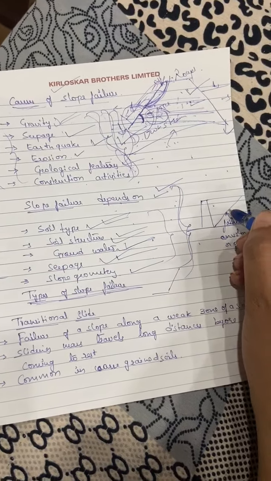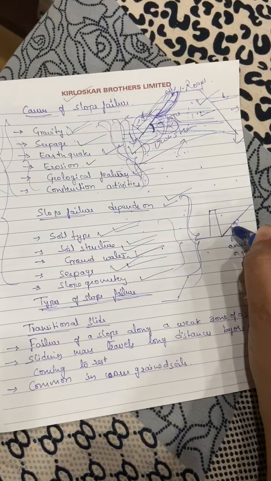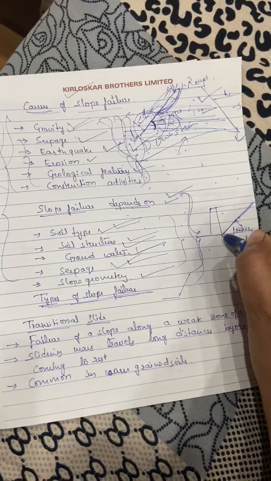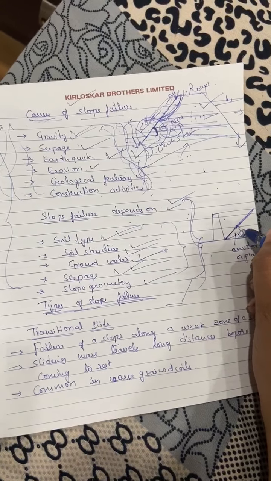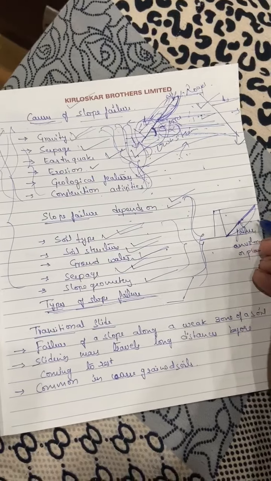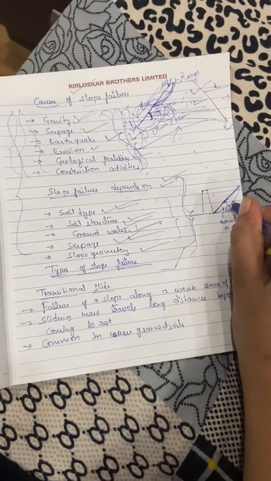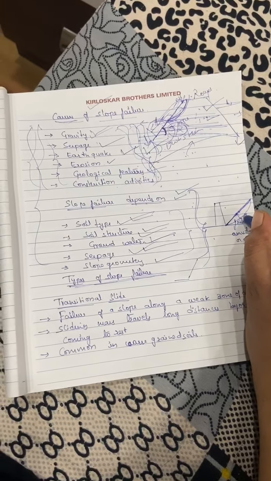I also told you while explaining that the failure envelope is never a straight line. It will always fail in a curved, circular form. So whenever you see a circular form, that is the failure plane or failure envelope.